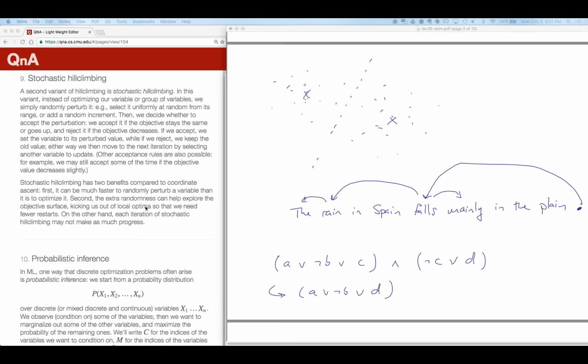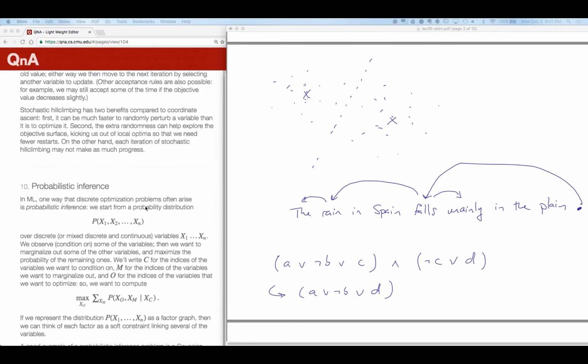And so the trade-off is typically that if it's expensive to do the block optimization, maybe it's better to do stochastic hill climbing and just perturb it. Whereas if we can do the optimization cheaply, it's often better just to do that optimization. All right. So that's hill climbing.